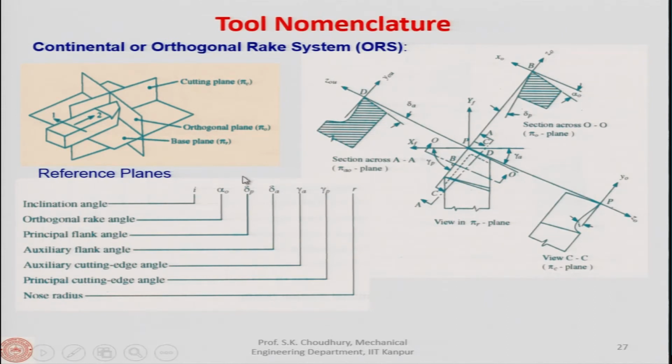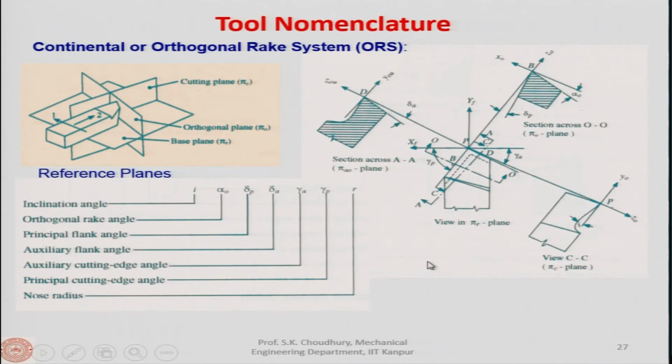Okay. So, this is the sequence once again: inclination angle, orthogonal rake angle, principal flank angle, auxiliary flank angle, auxiliary cutting edge angle, principal cutting edge angle and the nose radius. In this sequence, the numbers will be given. So, you have to read that the first value stands for the inclination angle, second value stands for the orthogonal rake angle and so on.